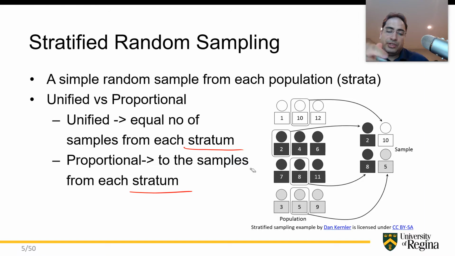In proportional stratified sampling, you consider the size of each stratum and then select samples from it based on the size of that subpopulation. So here we have 3 from the white group, 6 from the black group, and 3 from the gray group.